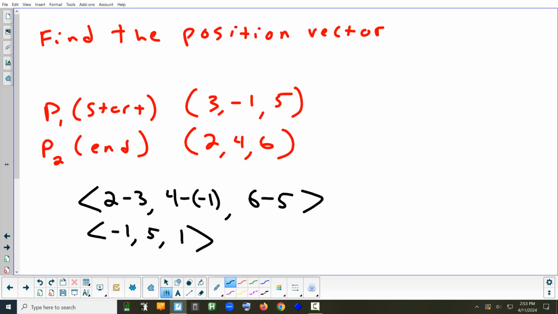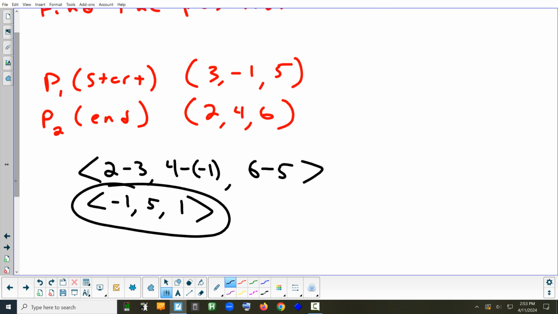Okay, so that's how you would write the answer using what the book calls an algebraic form. How would we write it with the ijk? So how would we write this as a unit vector? That's where you have something and then an i, something and then a j, something and then k.